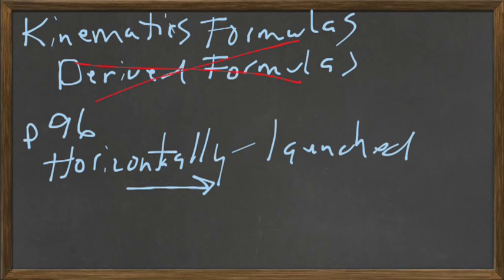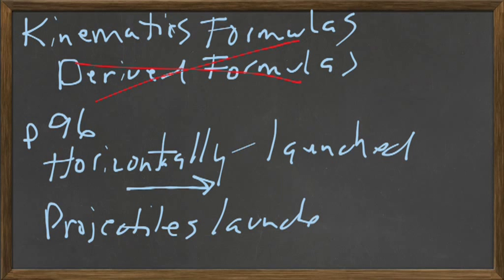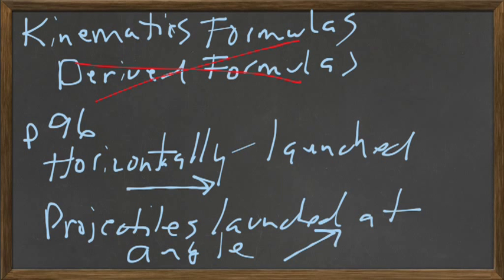That can also be a person throwing a dart straight horizontally, or a pitcher throwing a baseball straight horizontally. You should also be able to work with projectiles launched at an angle. That's a football kicked up into the air, a cannonball launched into the air, something along those lines, where I have a launch velocity that has both an x and a y piece.